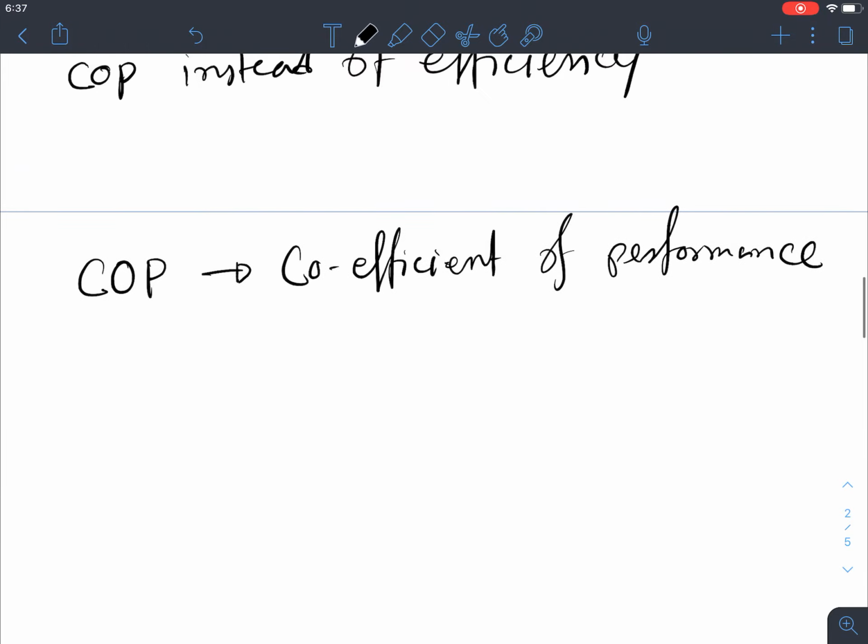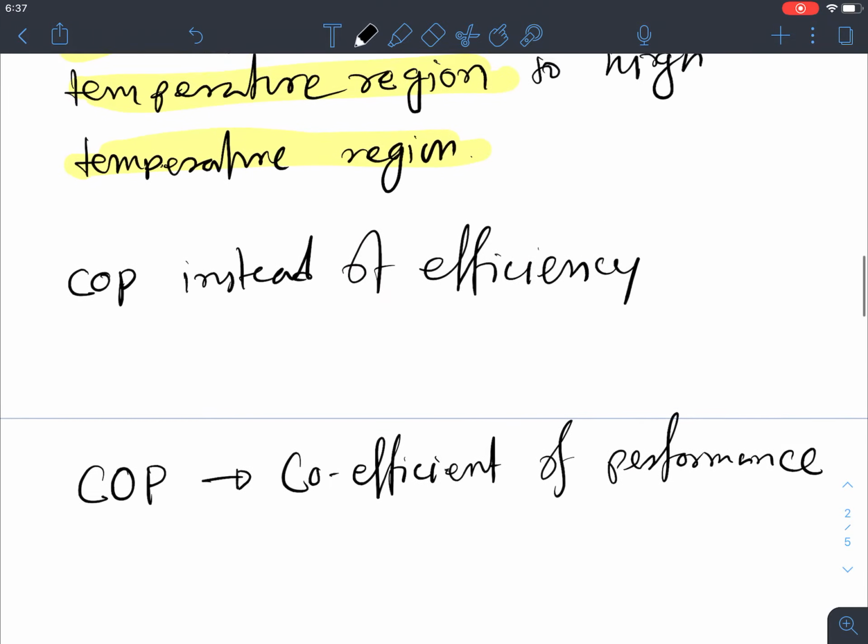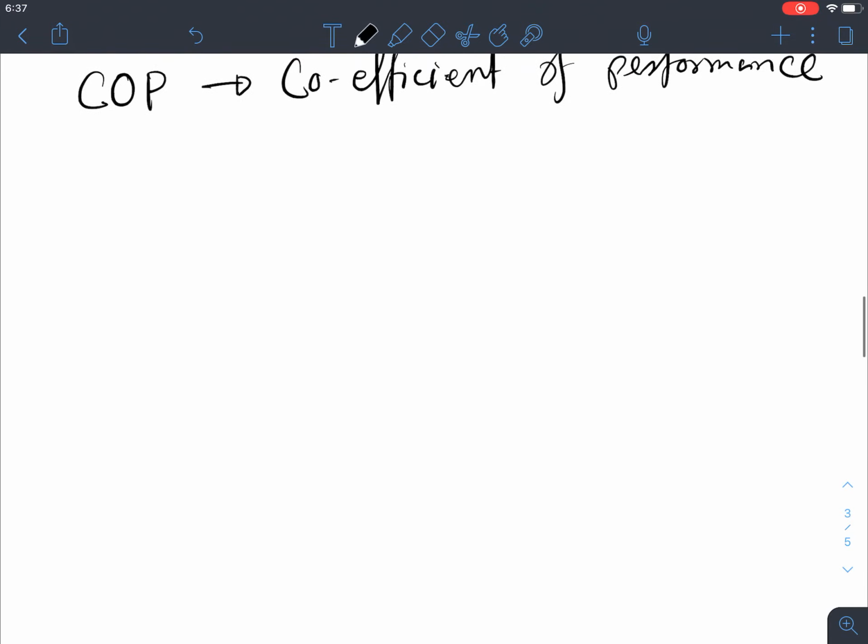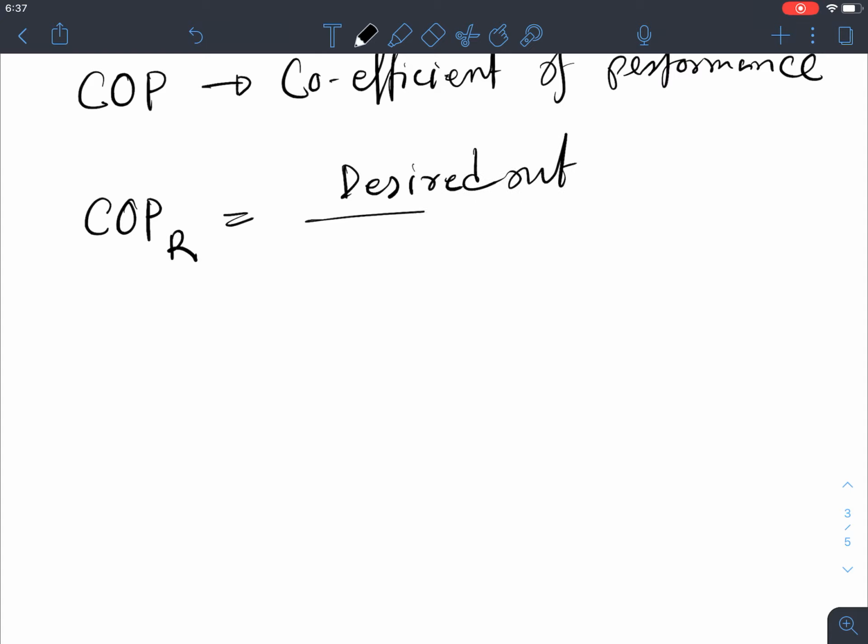So basically we'll define the COP for both of the devices. For example, the coefficient of performance for a refrigerator, COP_R, equals the desired output divided by the required input.